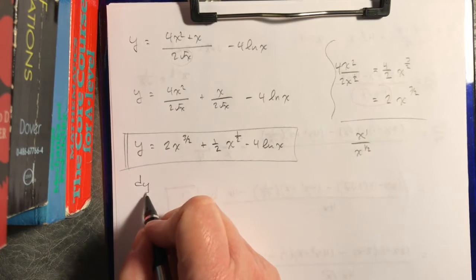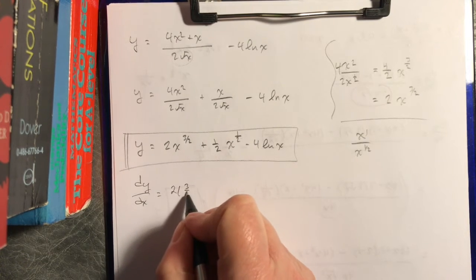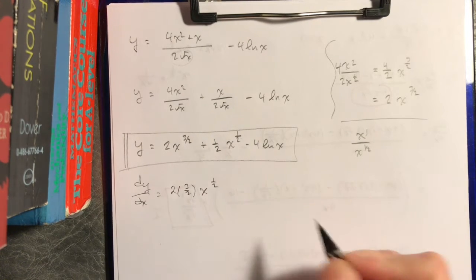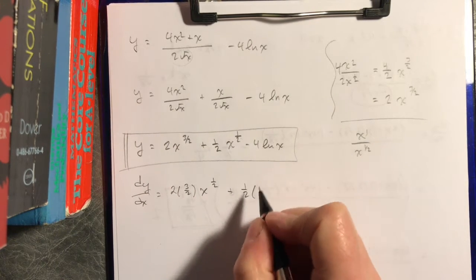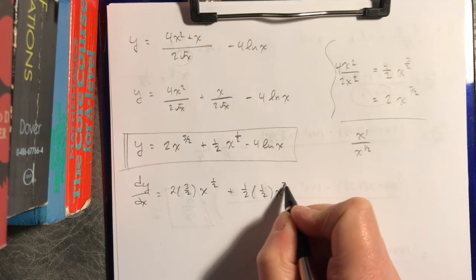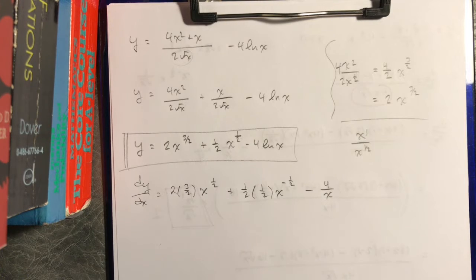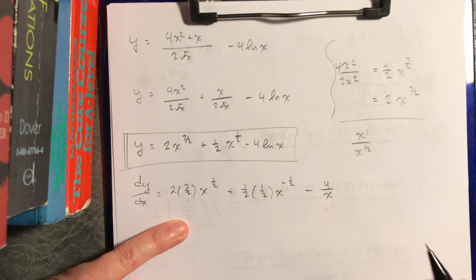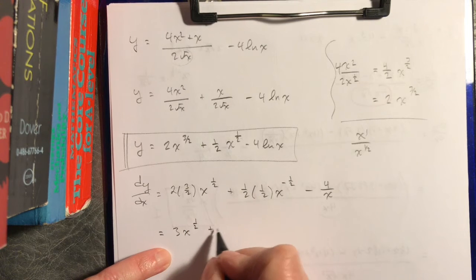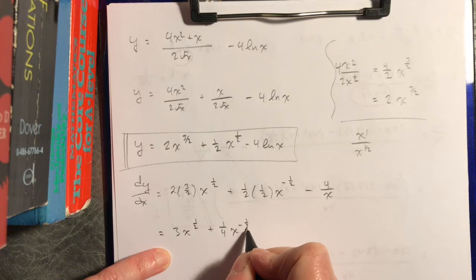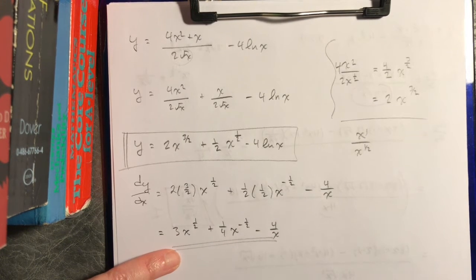Okay, so if you want dy/dx from here, I'm just following power rules. So I've got 2 times 3 halves x to the 1/2. Bring the power down, subtract 1, plus a half times, bring the power down, subtract 1, and then I know how to differentiate natural log. Now, this does not put me into the fraction format that they want, but I think it's a very clean, tidy expression.